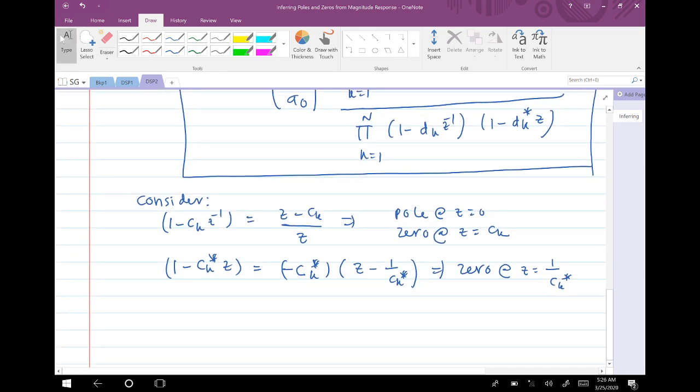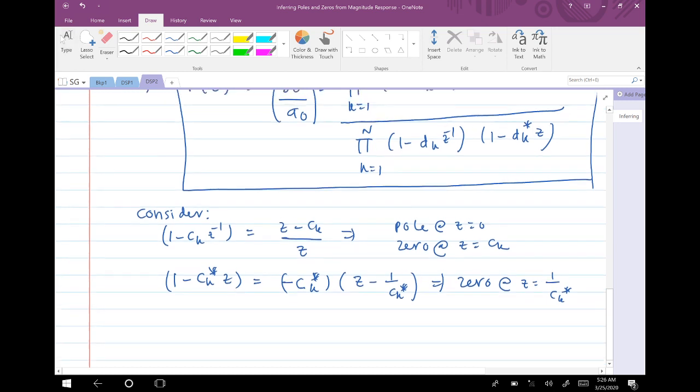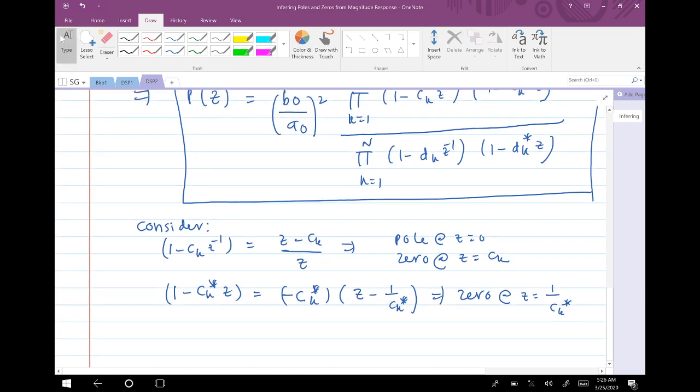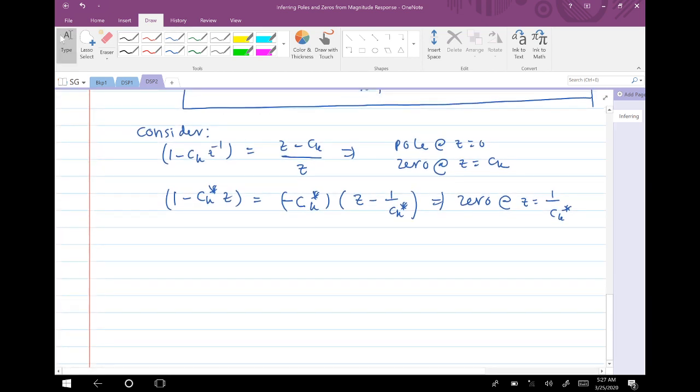You could do a similar analysis now for the denominator. For example, the first term would contribute a pole at z equal to dk and also a pole at z equal to 1 by dk conjugate. So we will make a few more observations from here.